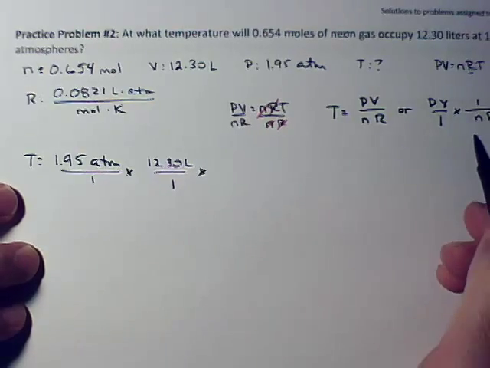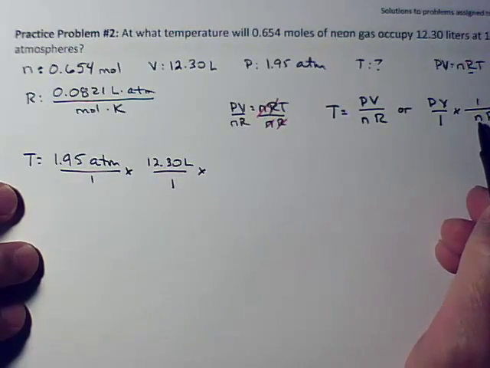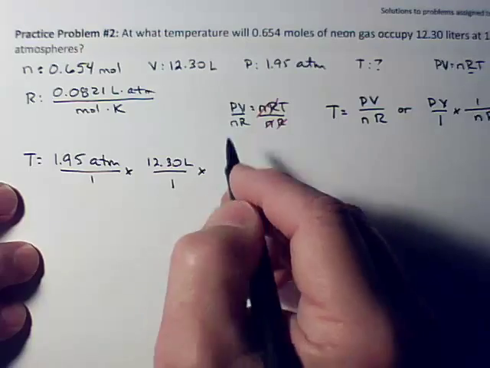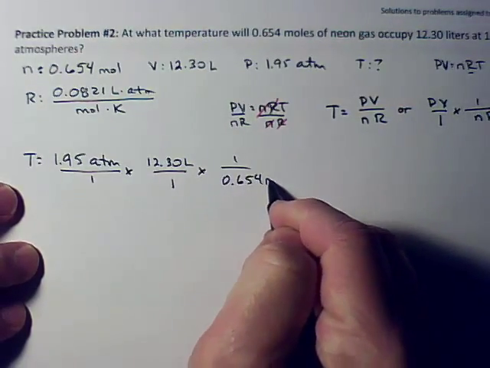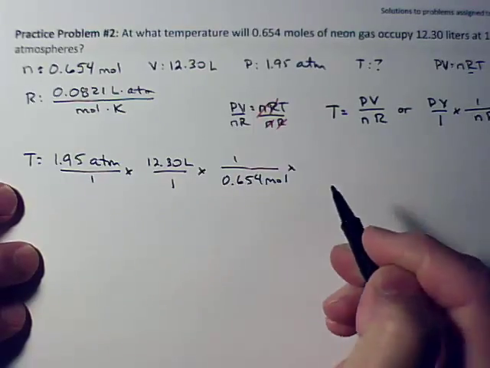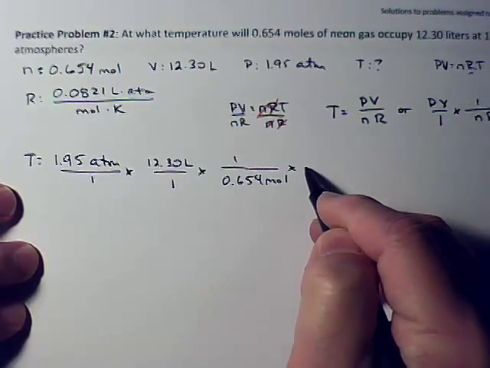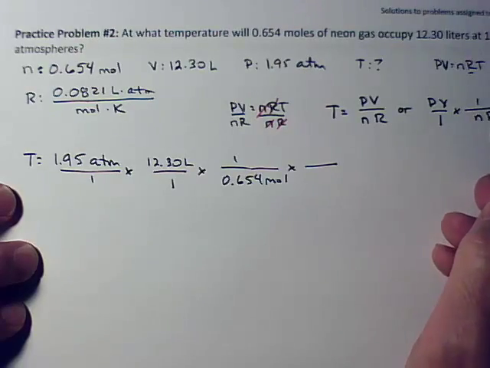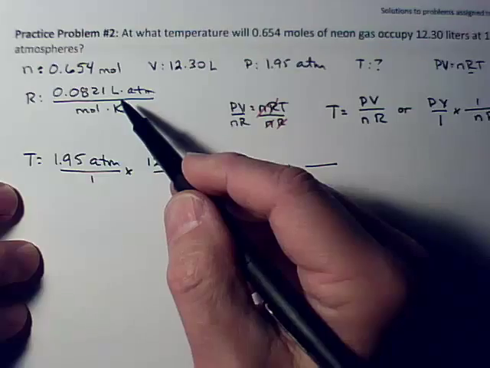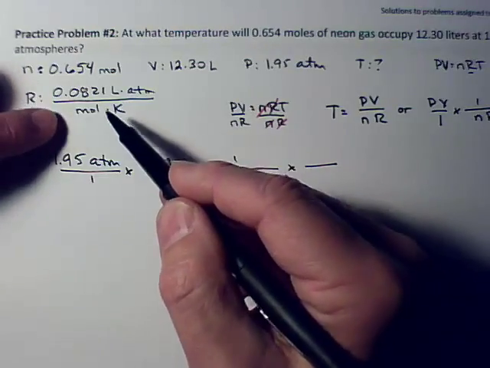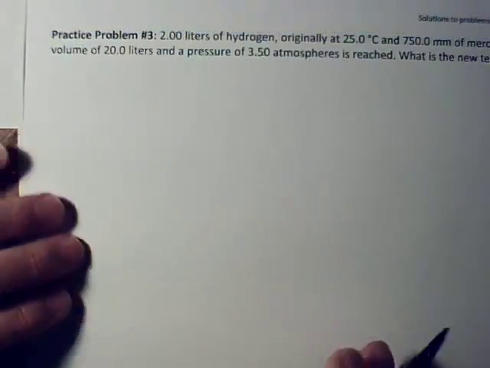Okay. I'm going to put n on the bottom, moles on the bottom, and we have 0.654 moles, 1 over 0.654 moles. Now, to put R on the bottom, basically you just have to flip the thing. So moles goes on top, liters and atmospheres goes on the bottom with the number. Hold on to your hats, folks.